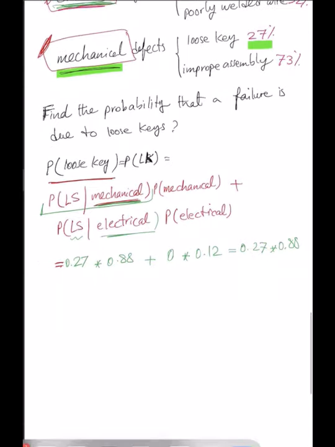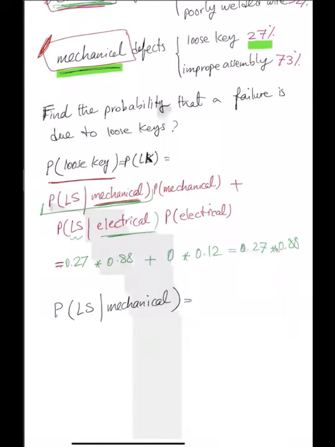If I just ask you, what is the probability that the problem is because of the loose key if I know that the event is mechanical, then you just do the simple conditional probability. In this scenario, it's simply the 27%. If I know it's mechanical, then it's 27%.